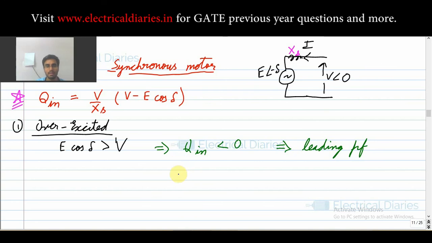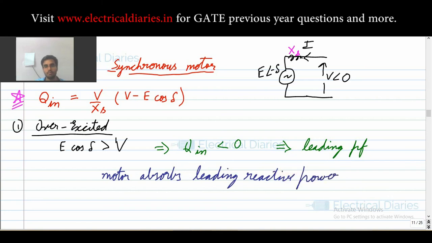So it means that a motor absorbs leading reactive power. And I hope you all know the meaning that if an element is absorbing leading reactive power, then it means it is delivering lagging reactive power.